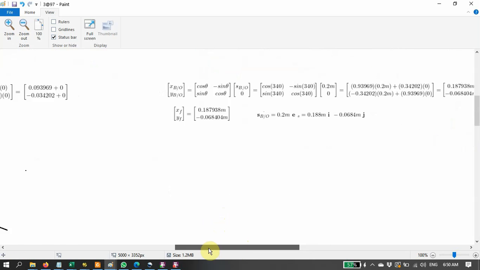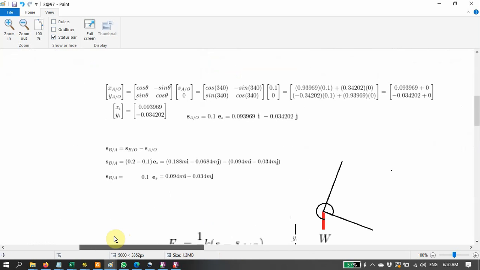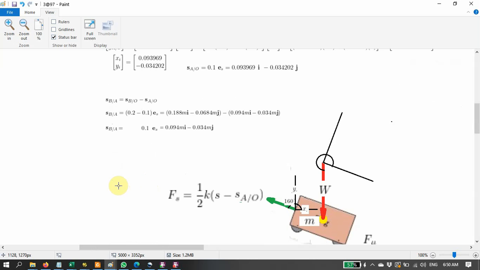So we can combine these two position vectors in order for us to determine the displacement of the body when it moves from A to B, or position B relative to A, right?